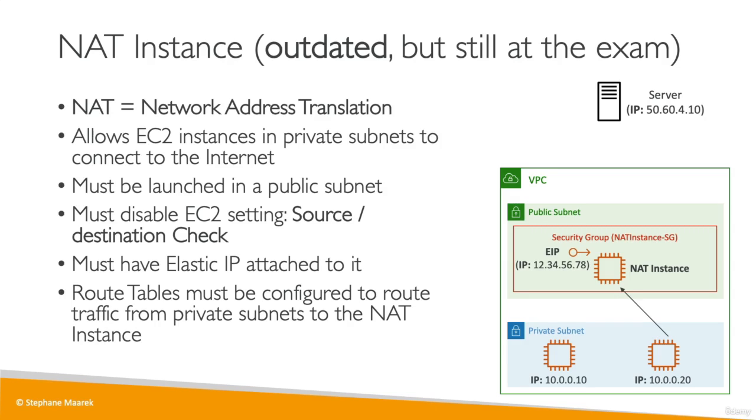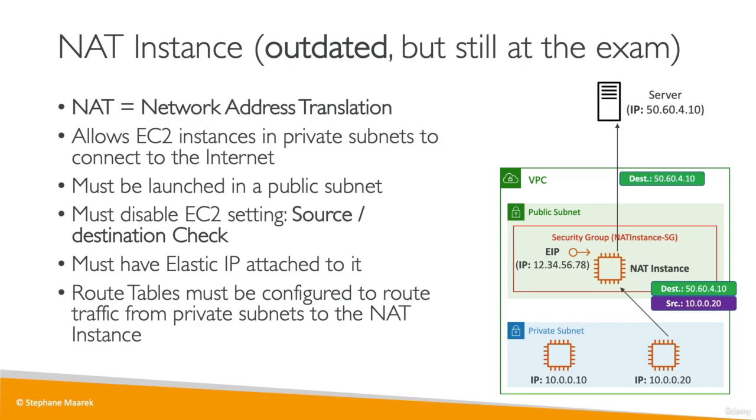So then the instance wants to access the public server, but it has to go through the NAT instance. So the request is saying that the source IP is 10.0.0.20, which is true, which is a private IP. And the destination is 50.60.4.10, and the NAT instance is smart enough to say, hey, I know you're trying to send traffic to something else, so let me send the traffic over to that server.